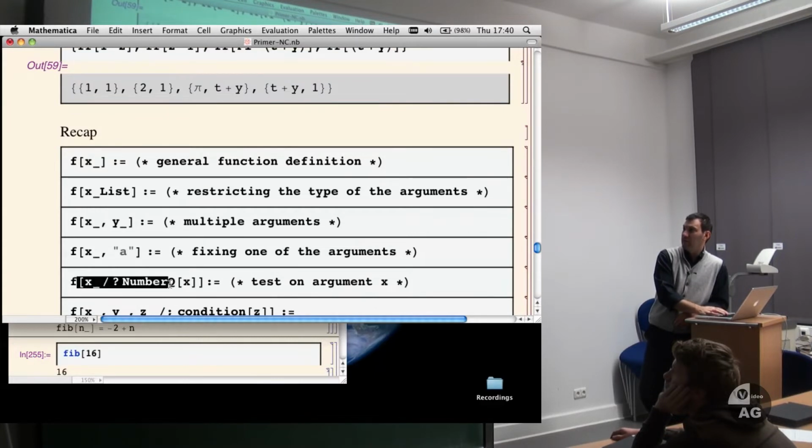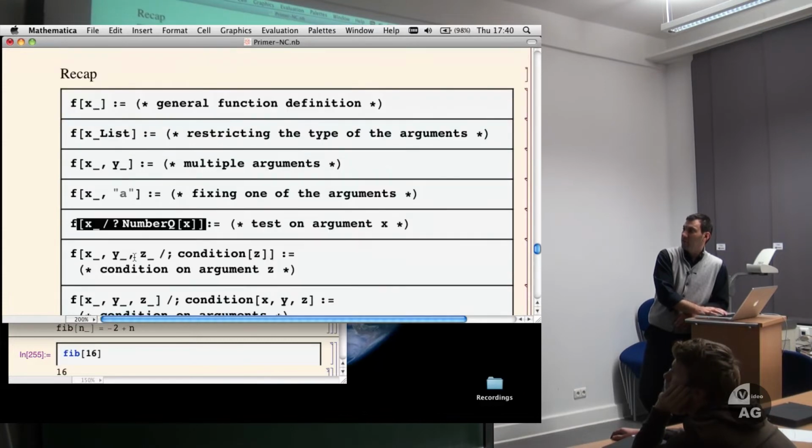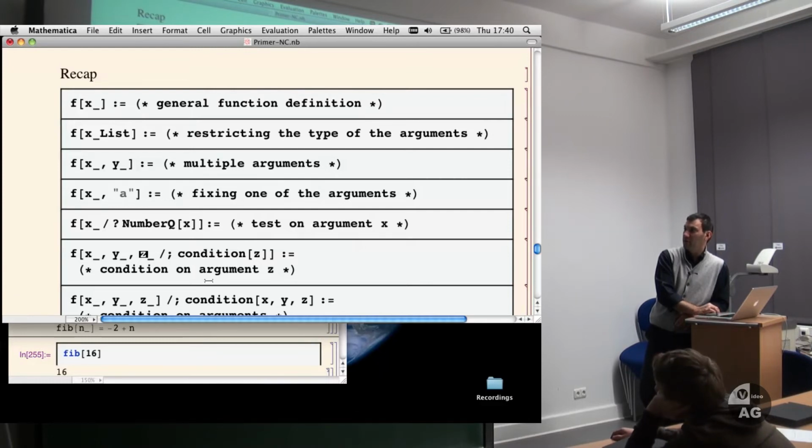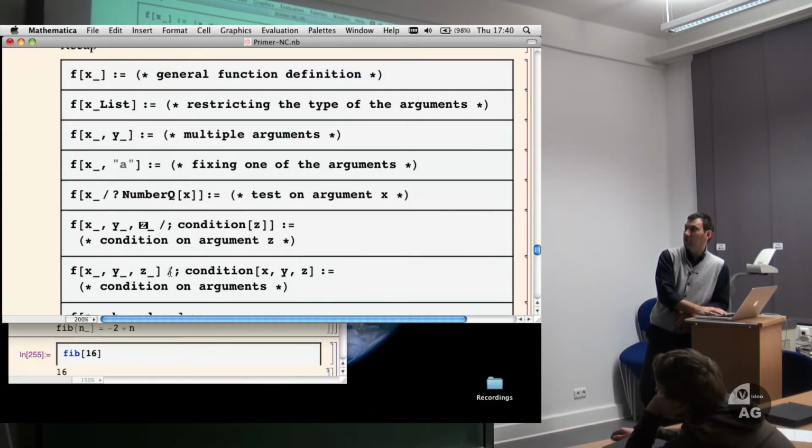Function with a test on the argument. Function with a condition on one of the arguments. This is almost the same thing. I'm not sure if there is a real big difference. But the big difference comes here. Now the condition can be on all of the arguments. This is to answer the question that we had before. Now the test is outside.